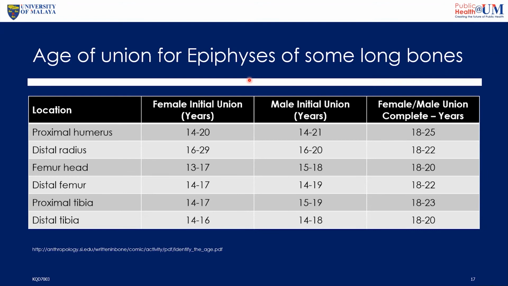Because during the union part, if you're subjected to any stress, any issue, because if there's early union it means the bone would not grow, and you basically will not achieve the height that you are supposed to grow. So that's why under 18 is a very important age for growth.